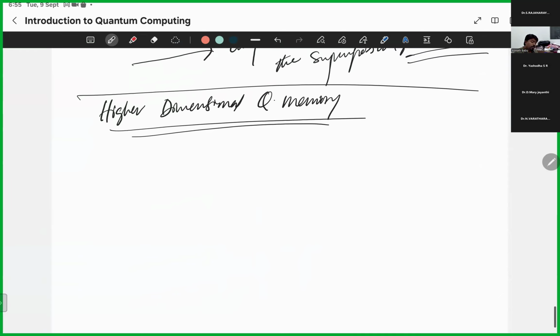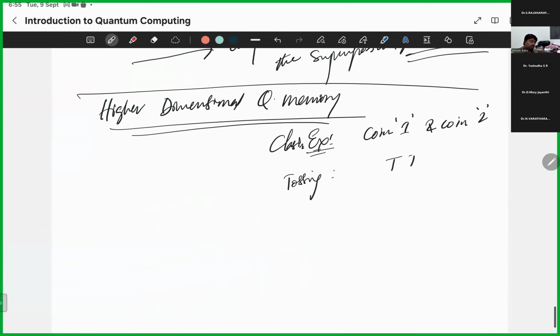How this works, let's take a classical example. 2 coins, coin 1 and coin 2. If I toss both the coins, the result would be both coins head, tail and tail, head and head, or one of them tail and the other one head. So there are 4 possibilities.